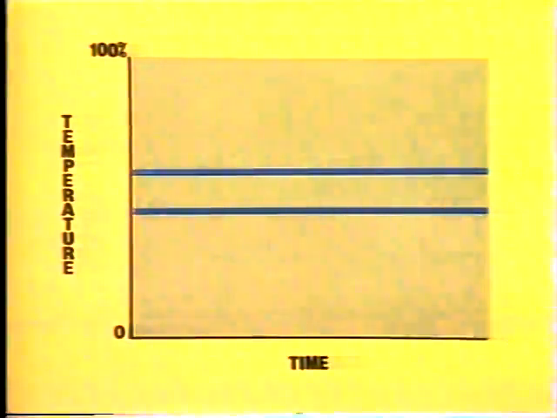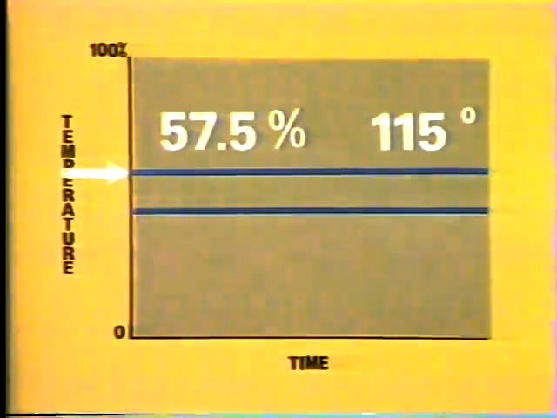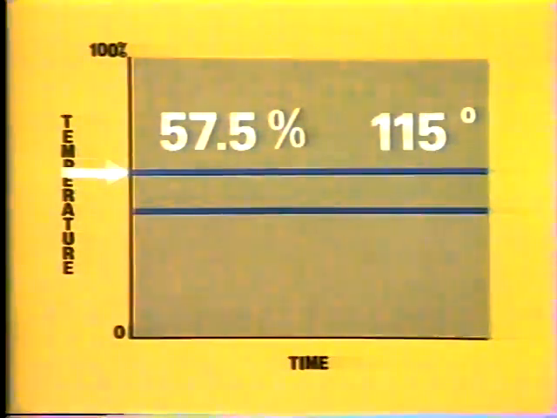This chart can be used to illustrate what he learned. The chart's vertical axis is the temperature of the cooling water in percentage. The horizontal axis is time. The critical temperature is at 57.5%, or 115 degrees.